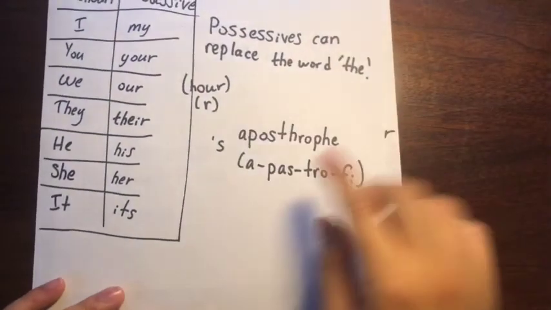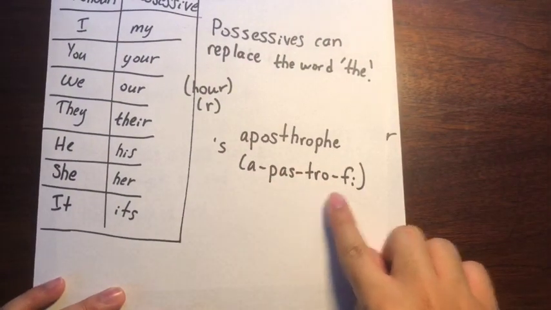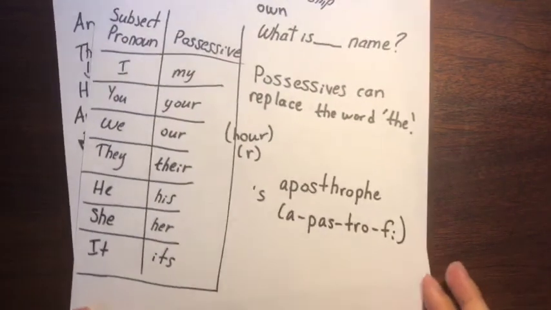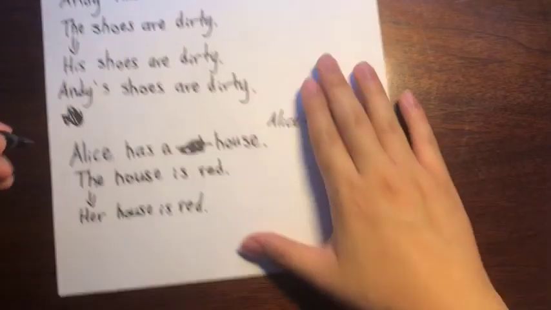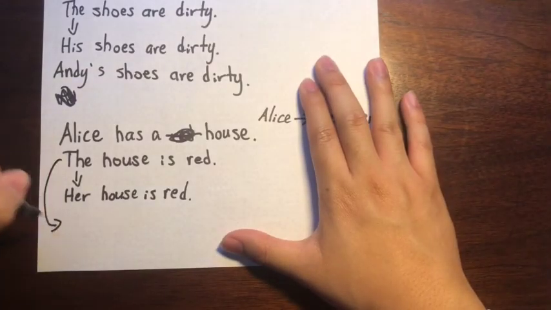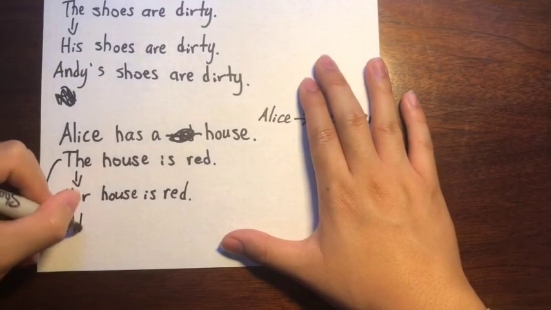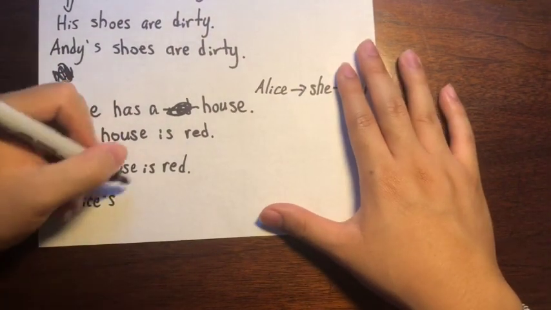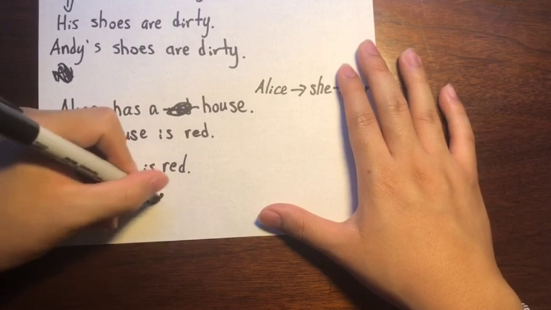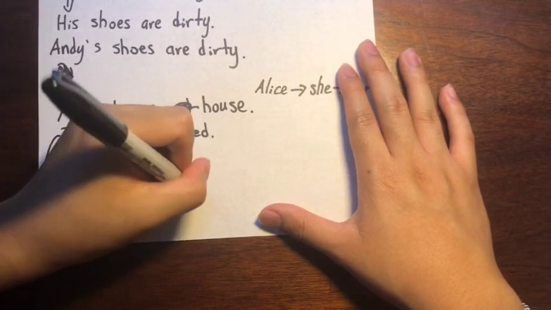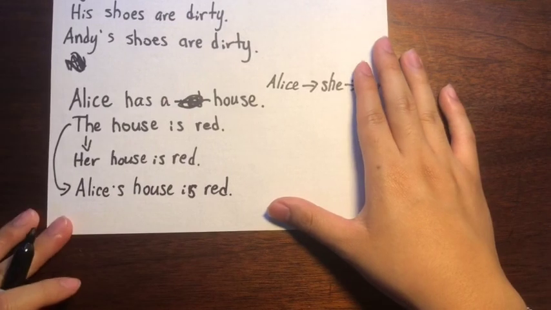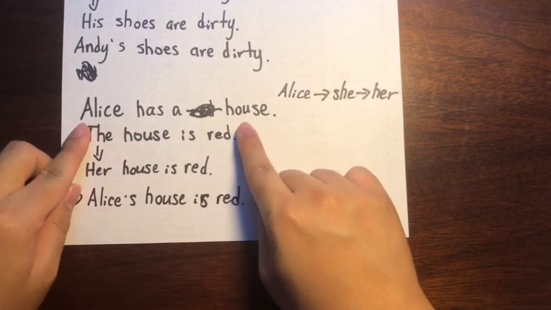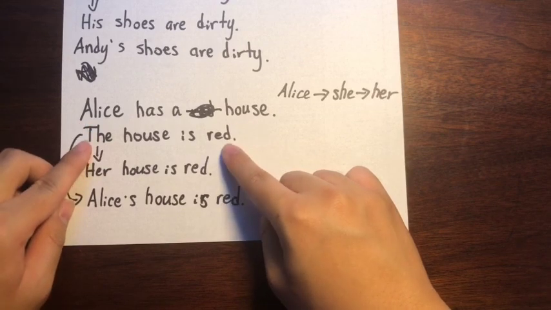We can also use the apostrophe S. So we can also say Alice's house is red. So Alice has a house. The house is red.